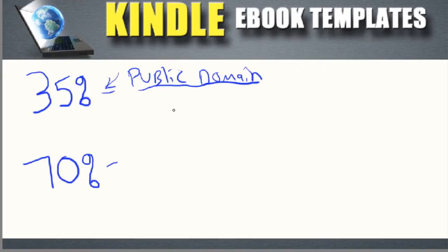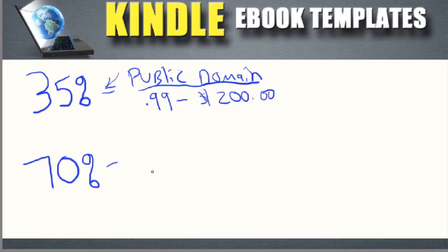That's your only option. Okay, next, pricing. With 35% royalties, you can price your book from 99 cents up to $200. And that is the 35% royalty.